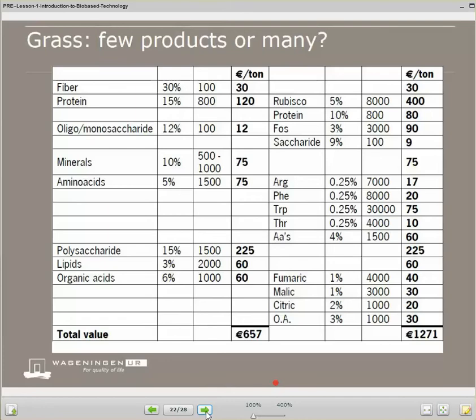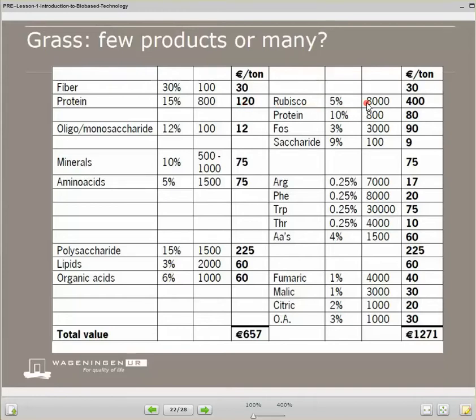That's not all you can do. That's why the bio-based economy has a lot to do with technologies and chemistry, because we can break fiber and protein down. So fiber, what is in that fiber? Protein. What's in the protein? This protein, a basic protein, has a worth of 120 euros per ton, but there are different types of protein in grass.